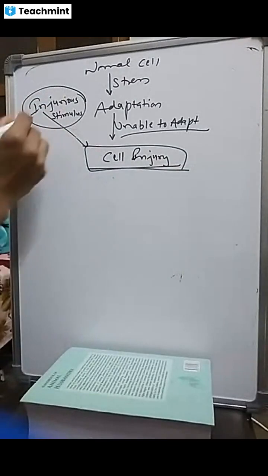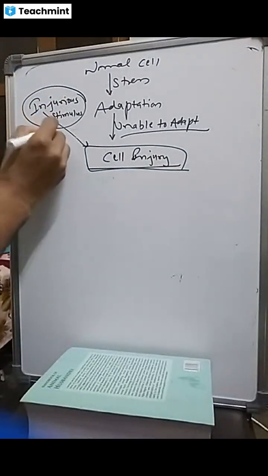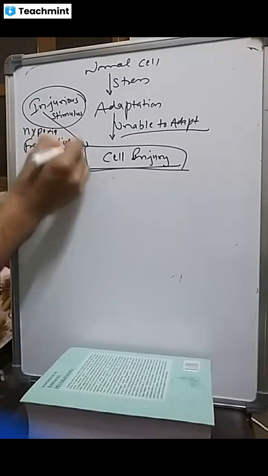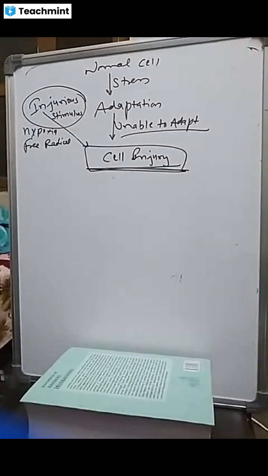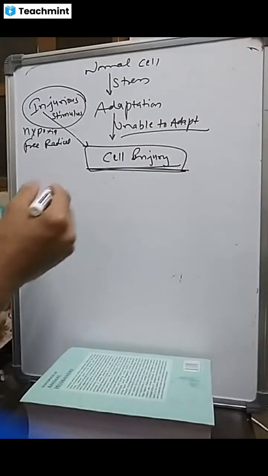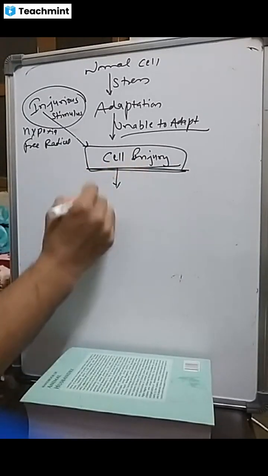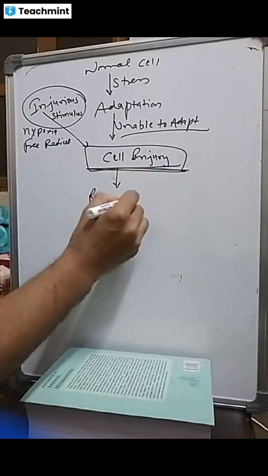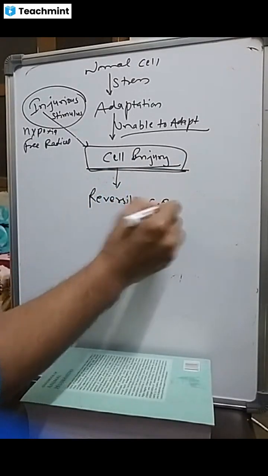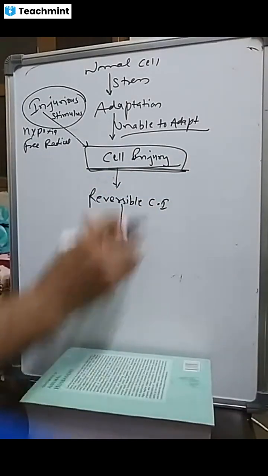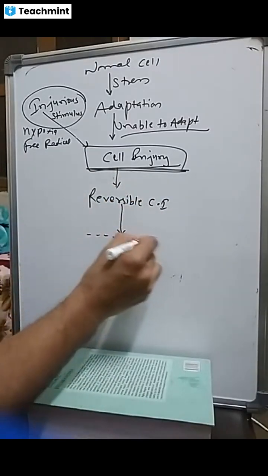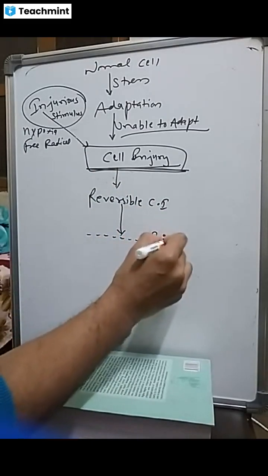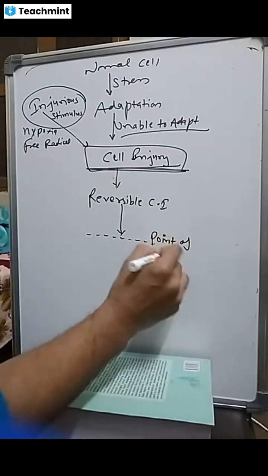This direct stimulus may be hypoxia or free radicals. This is reversible cell injury. Then this reversible cell injury reaches the point of no return.